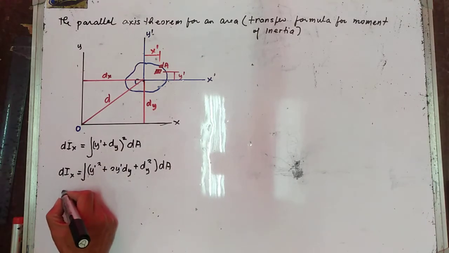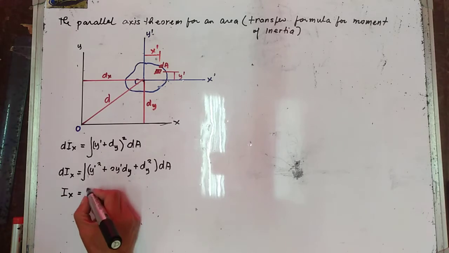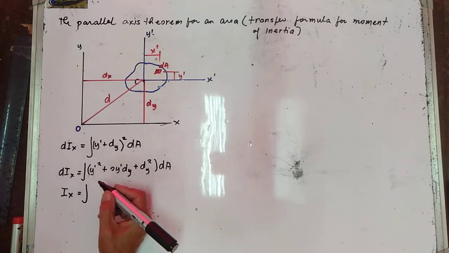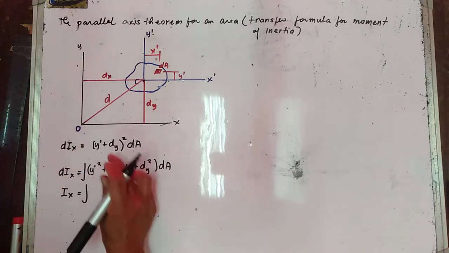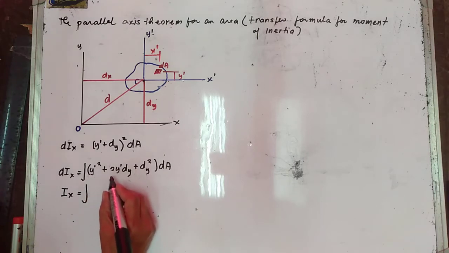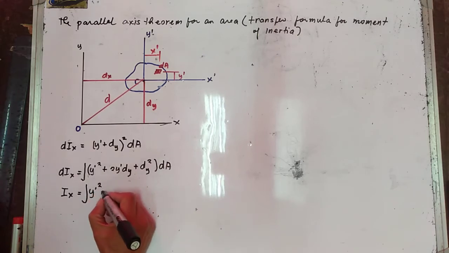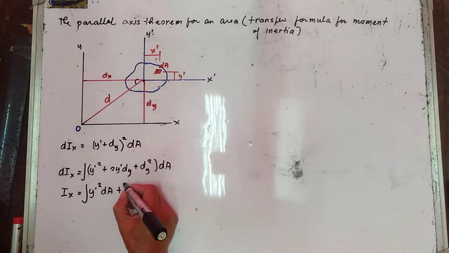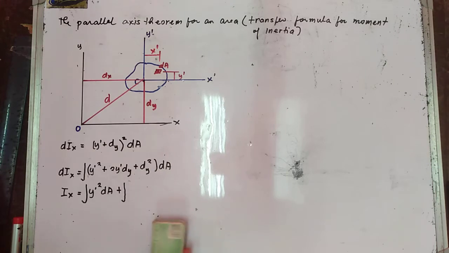So we now have your Ix is now equal to the integral of y prime square multiplied by dA plus the integral of 2y prime.